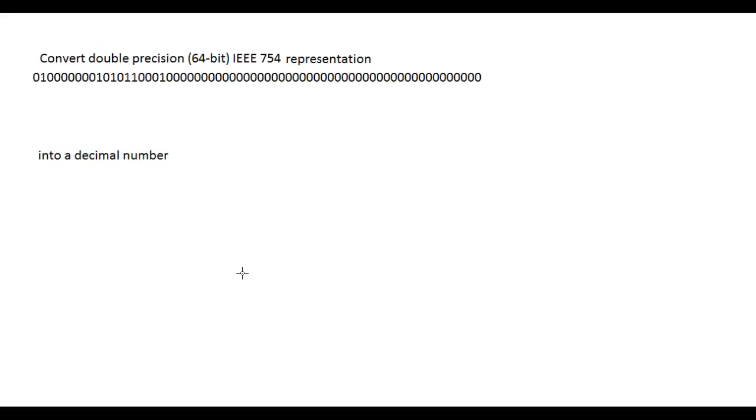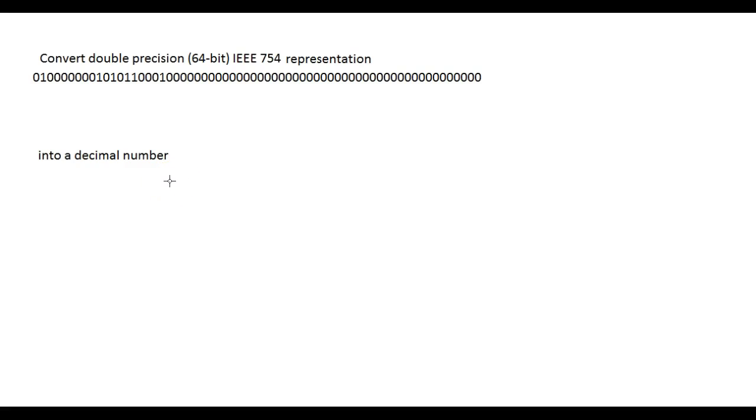In this lesson, we will convert a double precision IEEE representation, which is a 64-bit long binary number, into a decimal number.